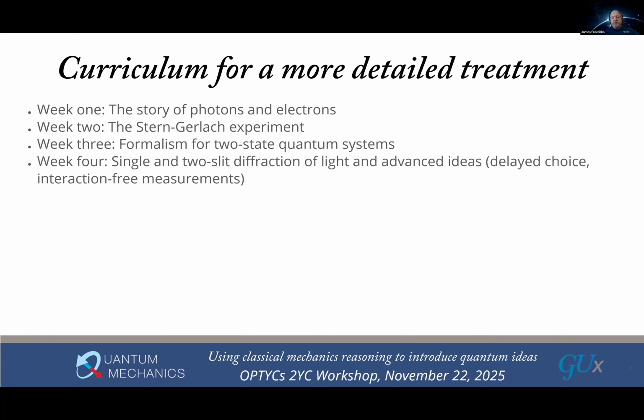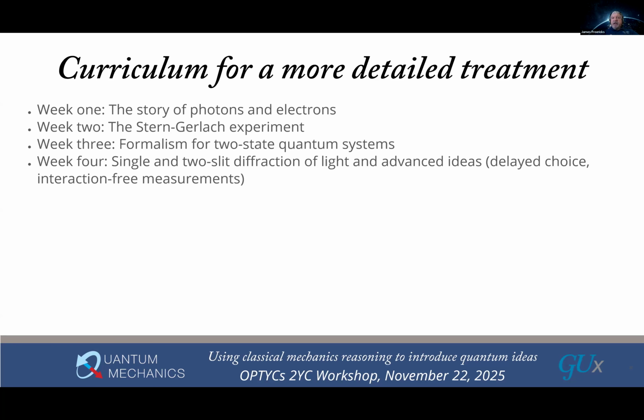Then we do, have people seen Feynman's QED book? For anyone who has not, I strongly recommend that you go buy and read Feynman's QED book. It's absolutely fantastic. If you apply Feynman's path integral approach to simple experiments with light, you end up having to use only a few paths to get all of the ideas of what's going on.